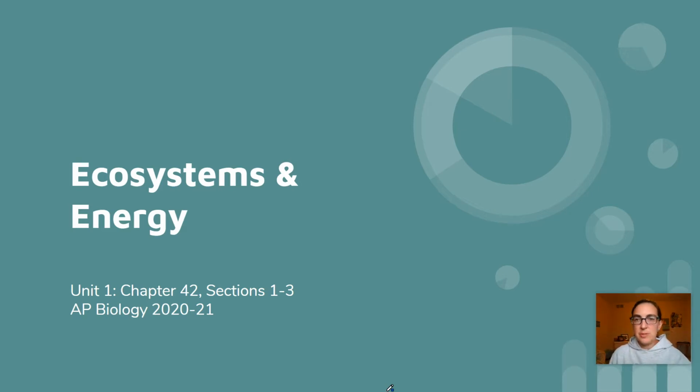Hello, AP Bio students. Today we are talking about ecosystems and energy. There are some concepts that we're going to get to today that are probably new for you. And this section is sometimes a little bit challenging for people. So I just want to point out this is part of chapter 42 in your textbook, kind of the first 3 sections. So that's a really good resource.